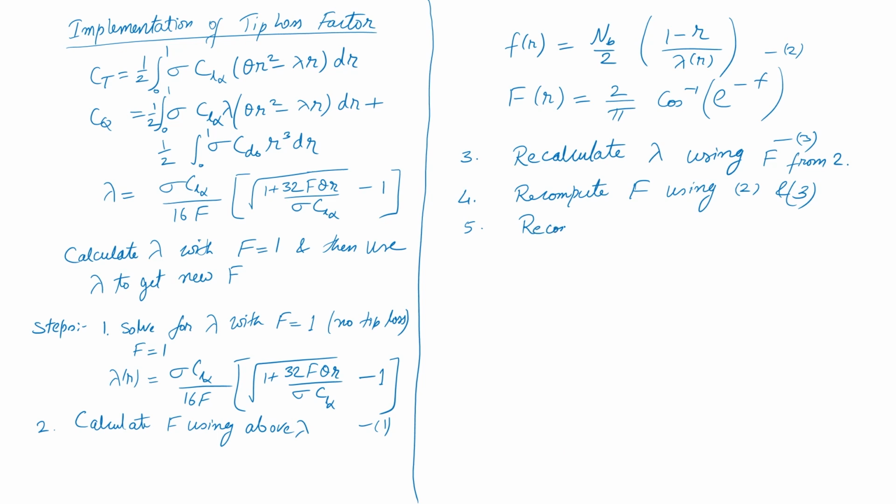Again recompute lambda, and this step 4 and 5 is basically I have to iterate till lambda converges or capital F converges. So you have to compare between successive steps of lambda or this F to get this convergence checked.